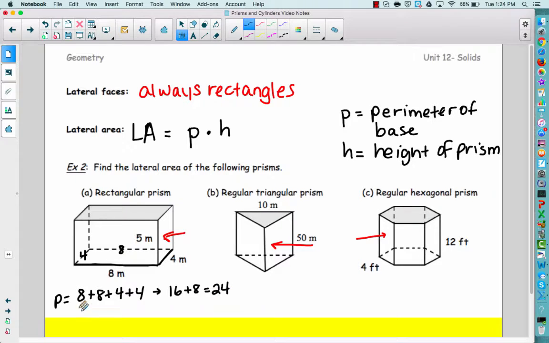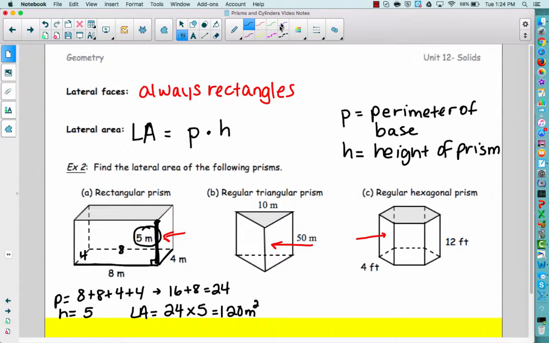So my perimeter is 24, and the height of the prism is the distance between the two bases, so it's the perpendicular segment connecting the bases. So the height would be 5. So I'm going to do 24 times 5 to get my LA. LA is 24 times 5, which is 120 meters squared. It is area, so it's two-dimensional.